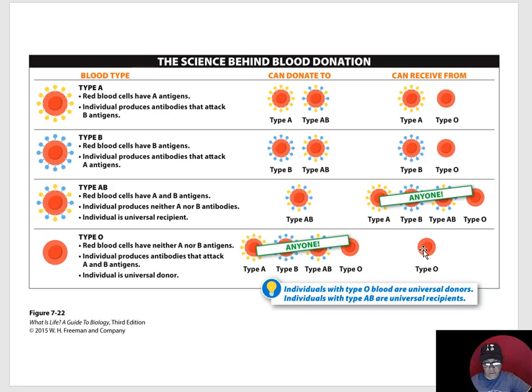However, type O can only receive from type O. Okay. All right. So that is how blood typing works. Make sure you go through that chart and you understand it, because that's important to know. It's really, really important to know. It affects your life moving forward, so you want to make sure you understand it.